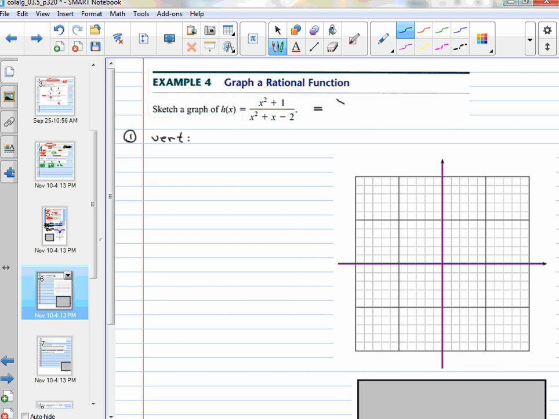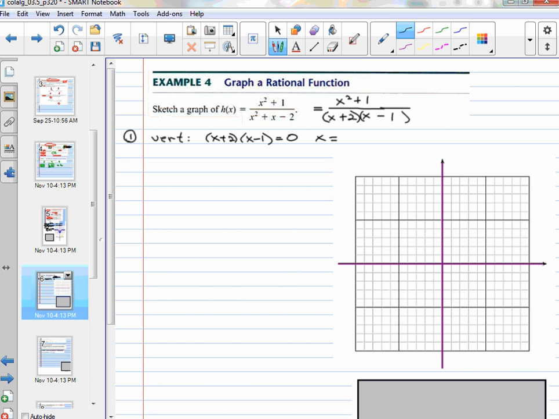Well, x squared plus 1, I can't do any factoring of that, but down here I can factor. Let's see, +2 minus 1. Does that make it work? That makes it work. Well, zeros of the denominator, x plus 2, x minus 1 equals 0.